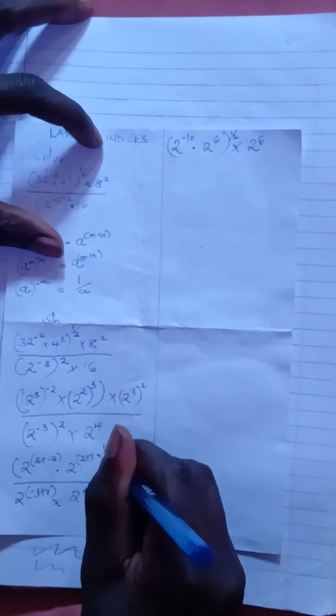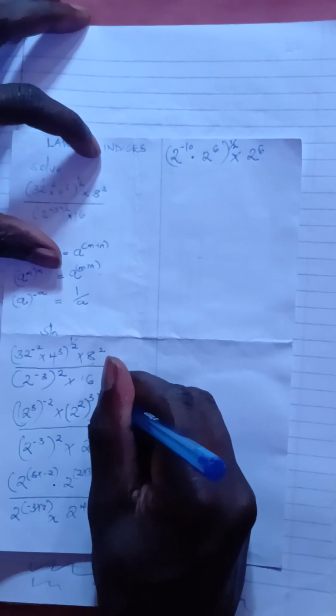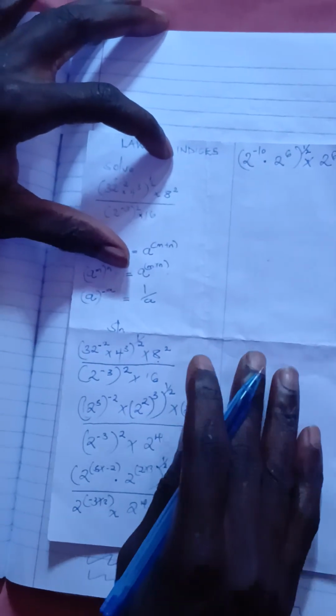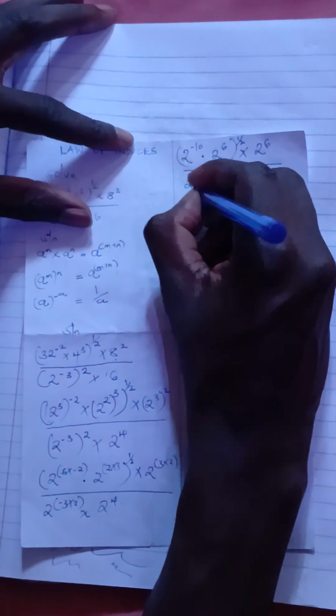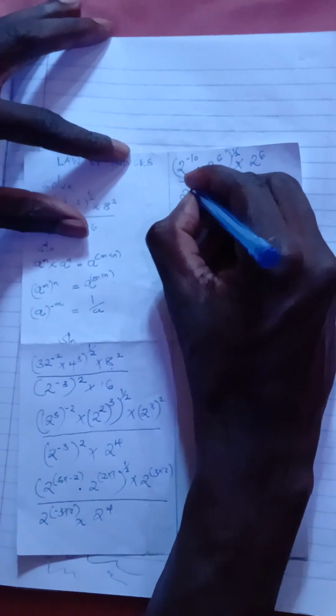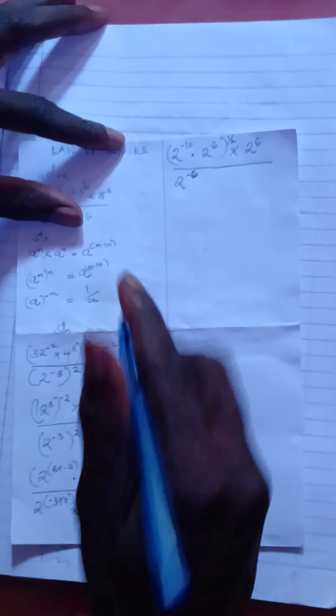I forgot that one. We are having all the bracket raised to half. So in the denominator, if you multiply, of course we'll have negative 6, then times 2 raised to 4.